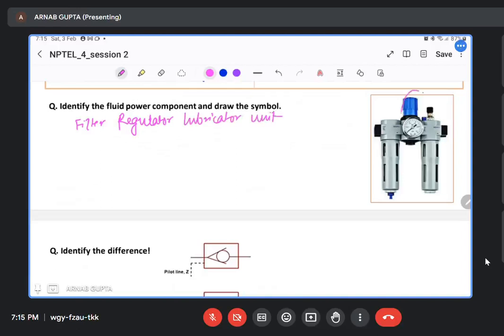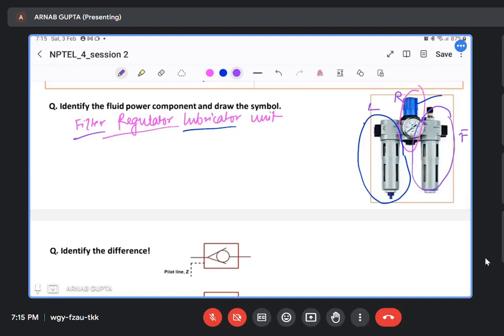So this is the middle part, that is the regulator. Sorry, this is your regulator, this is your lubricator, and this is your filter. F, this is R, this is L. Okay. What are the symbols of FRL?